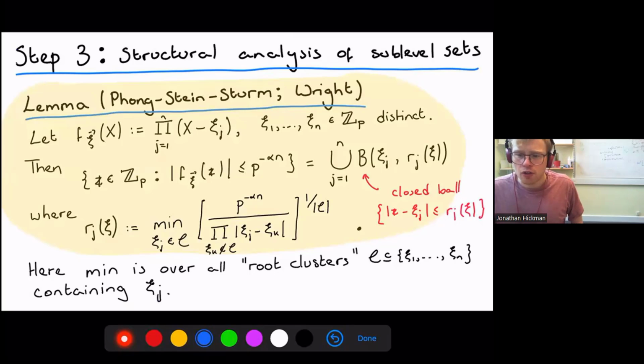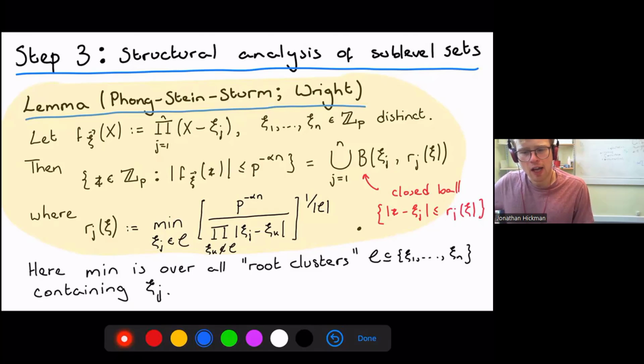So in order to get this bijection property, we have to carry out a fairly detailed structural analysis of these sublevel sets. And this relies on what is a very elementary, but I think beautiful lemma, which comes from the work of Fong, Stein, and Sturm, and is adapted to this kind of context in works of Jim Wright.